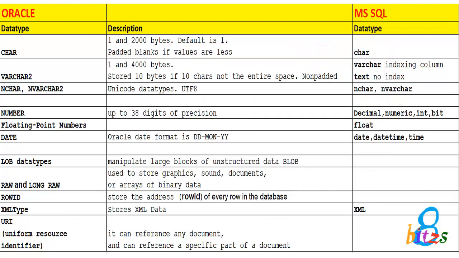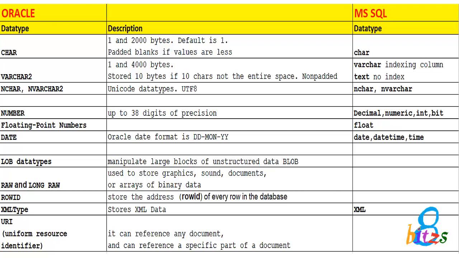Integer, as we know, is a whole number. Similarly bit considers true or false, that is 0 or 1, and there is a separate data type called float, which is used for non-integer values, for example 4.6.